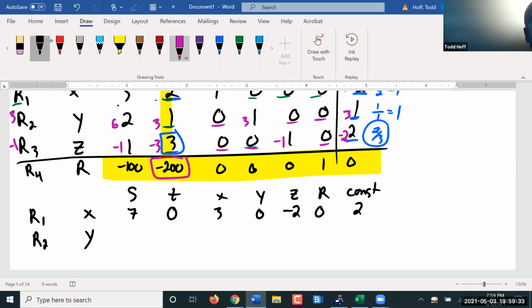So let's combine. 6 and -1 make 5. 3 and -3 make 0. 0 and 0 makes 0. 3 and 1 makes 3. 0 and -1 is -1. 0 and 0 makes 0. 3 and -2 makes 1. So again, I'm going to go back and erase those temporary values.